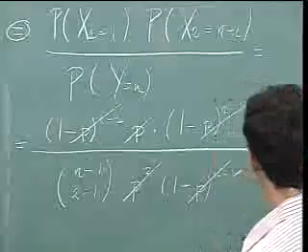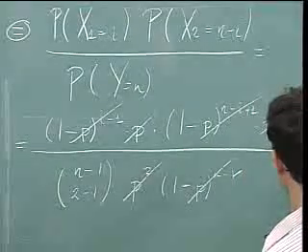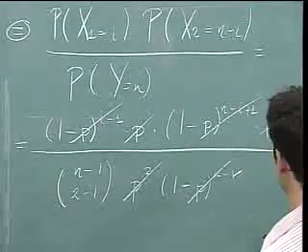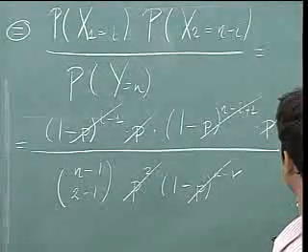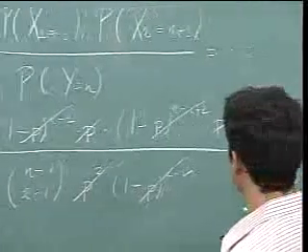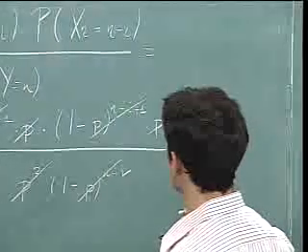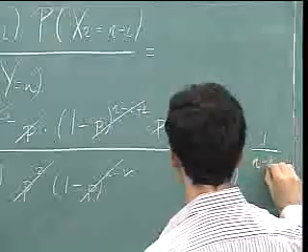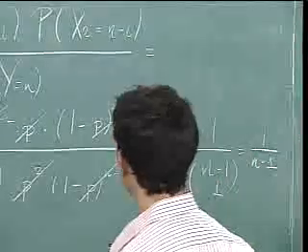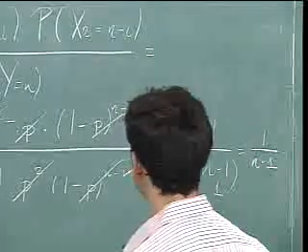And we are left with 1 over n minus 1 choose 1, equal to 1 over n minus 1.